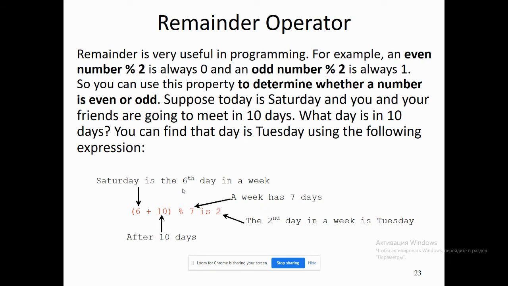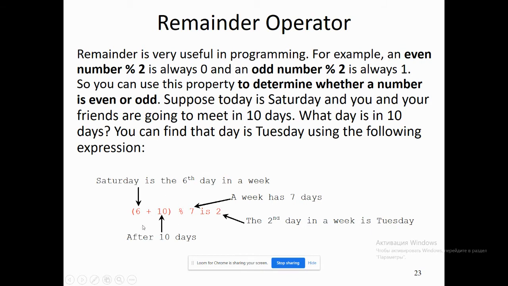For example, suppose that today is Saturday and you and your friends are going to meet in 10 days. What day is it in 10 days? You can find that the day is Tuesday using the following expression. Saturday is the 6th day of the week.